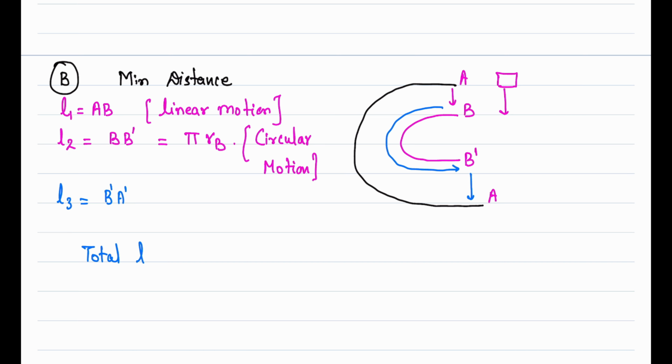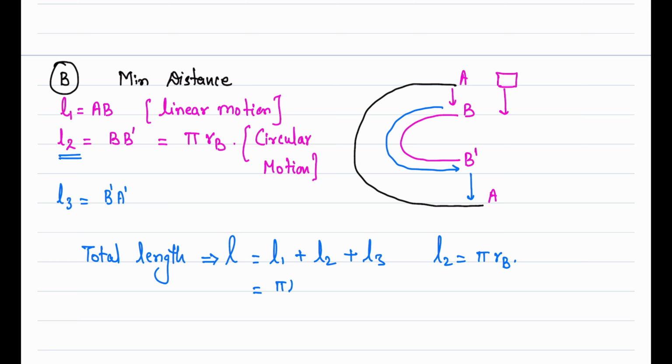Total length should be equal to L, which is L1 plus L2 plus L3. So L2 is easy to solve. Okay. So what is L2? Can I say pi times of RB? Yes or no? Pi times of RB. Okay. So L2 is pi times of RB. Now the question is, what is L1 plus L3?